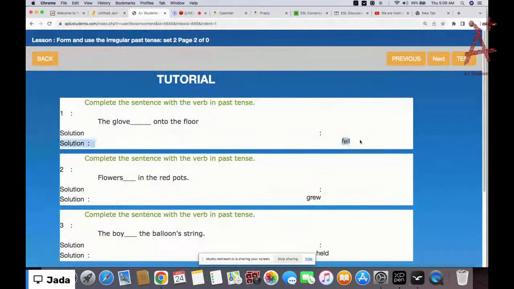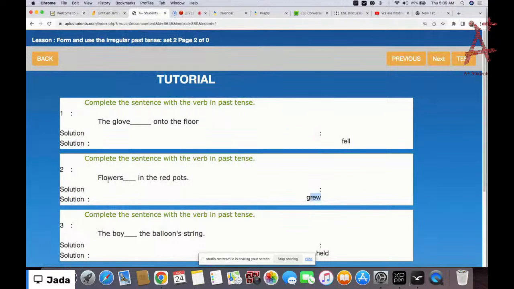You know that fell is the past tense of fall. So you cannot say falled with ed. No, you can only say fell. And then the next one: flowers grew in the red pot. So grew, you cannot say growed. All right, so that's how it works.